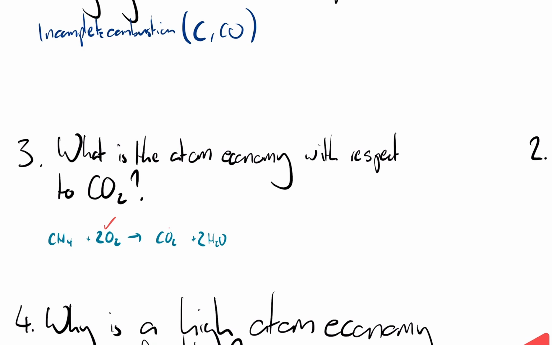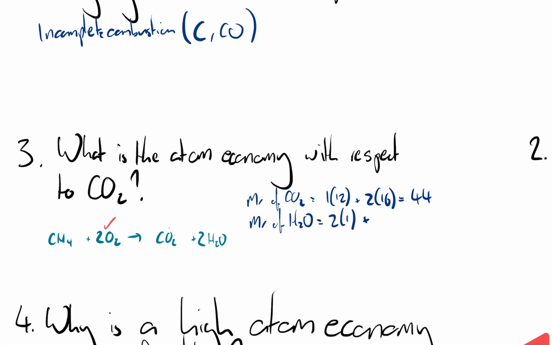The MR for CO2, we've got one lot of carbon, which is 12 if you look at the periodic table, plus 2 lots of 16 for oxygen, getting us to 44. MR of H2O, we've got 2 lots of 1 for hydrogen, plus 1 lot of 16 for oxygen, getting us to 18.